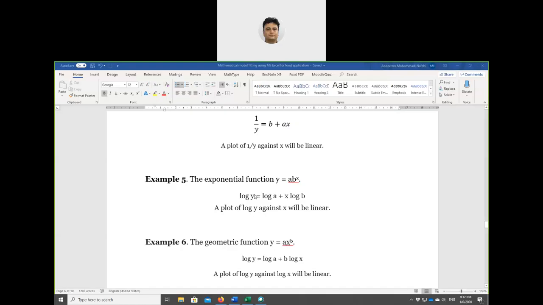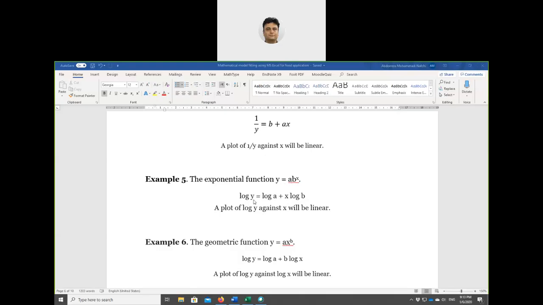If we take the log of both sides, as you know the rules of the log, log y is equal to log a plus x log b, and x comes out in front of the log like this.